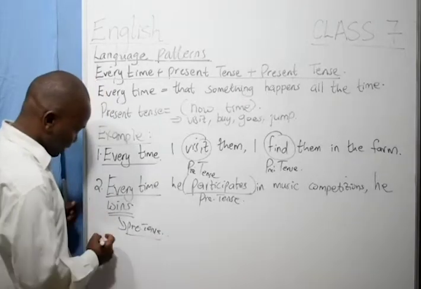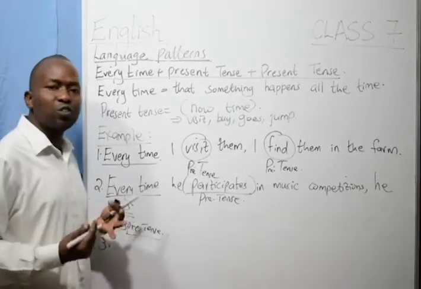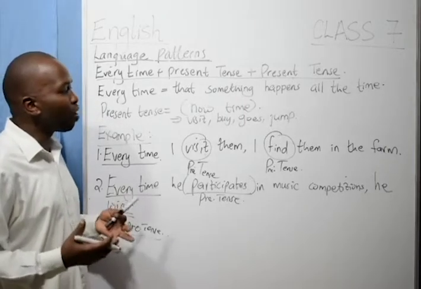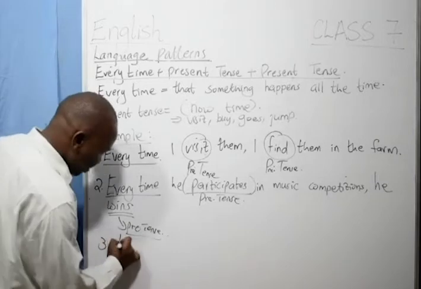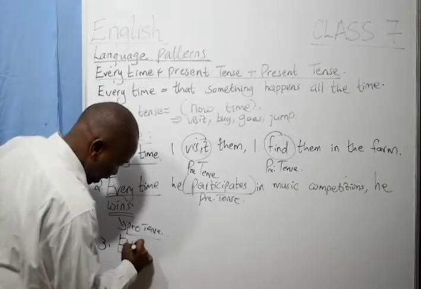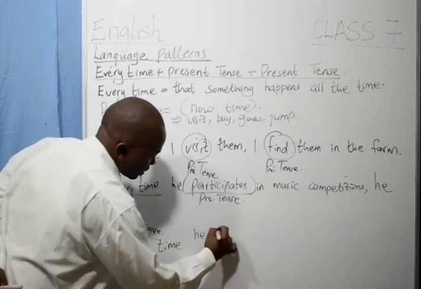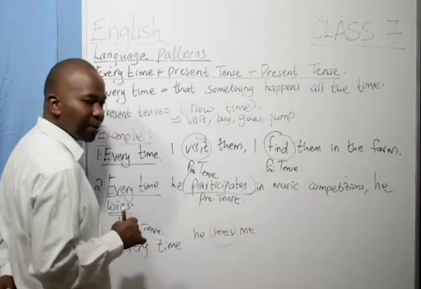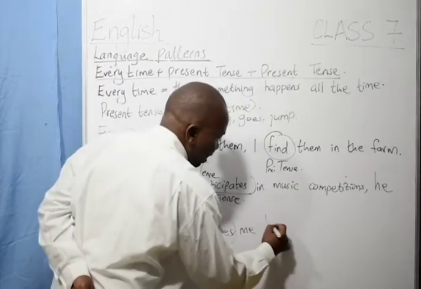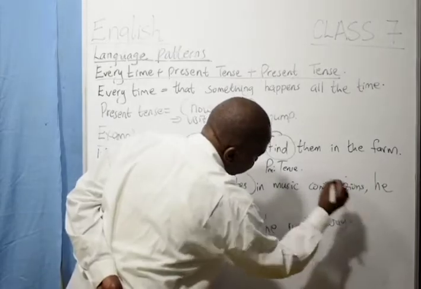Let's look at a final example of this kind of sentences, and then we shall try and construct some of our own. Every time he sees me, present tense, comma, he runs away.